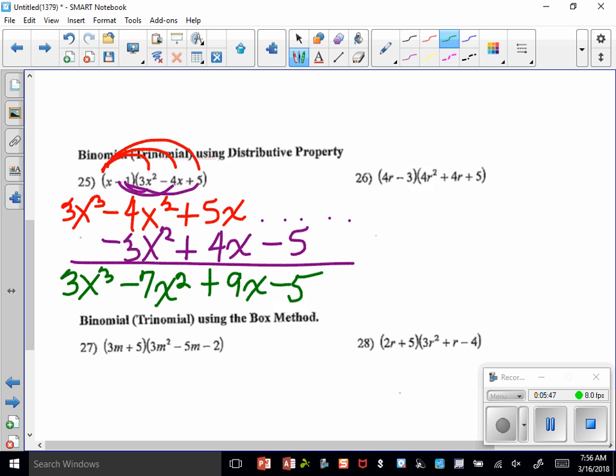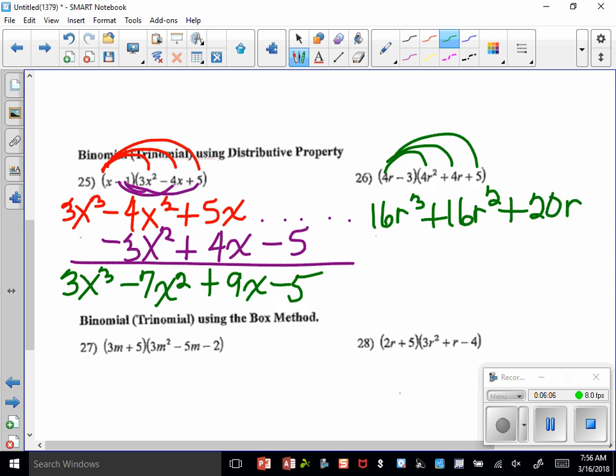All right, so we'll do one more of these. So in number 26, we're taking the 4r and distributing it to all three. So that'll give me 16r to the third plus 16r squared plus 20r. And then I'll take the negative 3, multiply by all three.